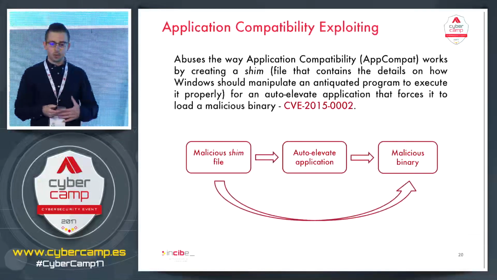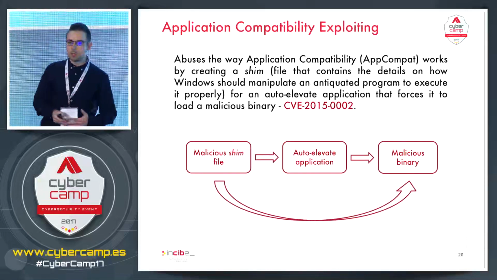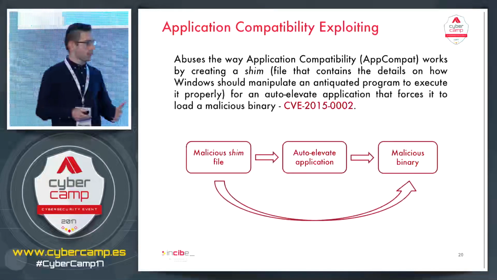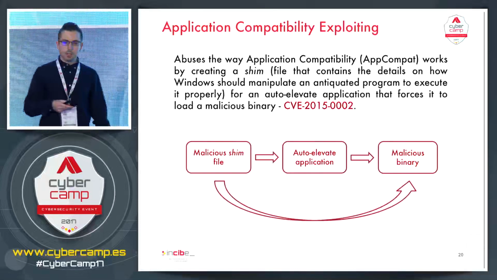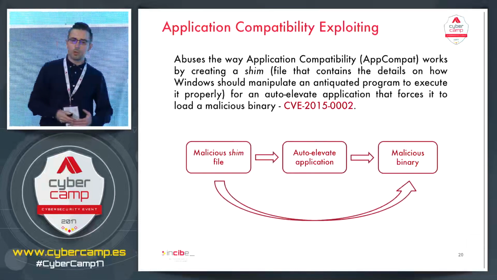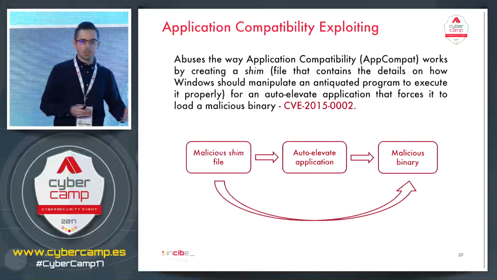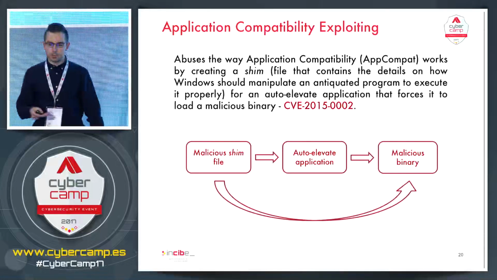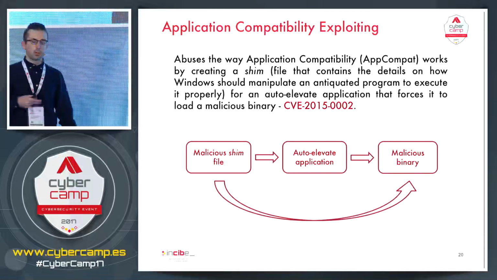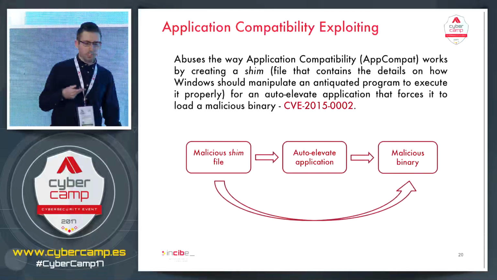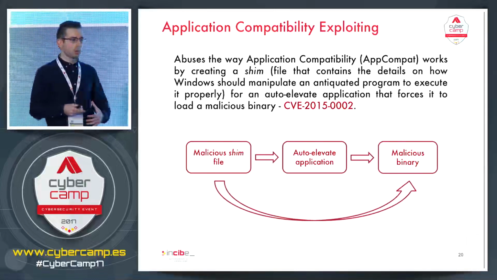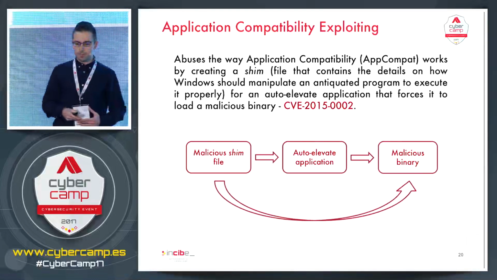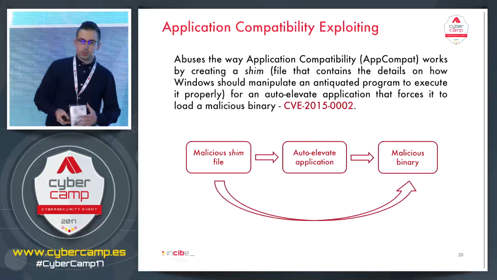One of the methods that we used to use in the past is the application compatibility exploiting. In Windows, this allows us to run processes that were conceived for former Windows systems into current Windows systems via the shim files. The shim files establish several modifications on a particular process.